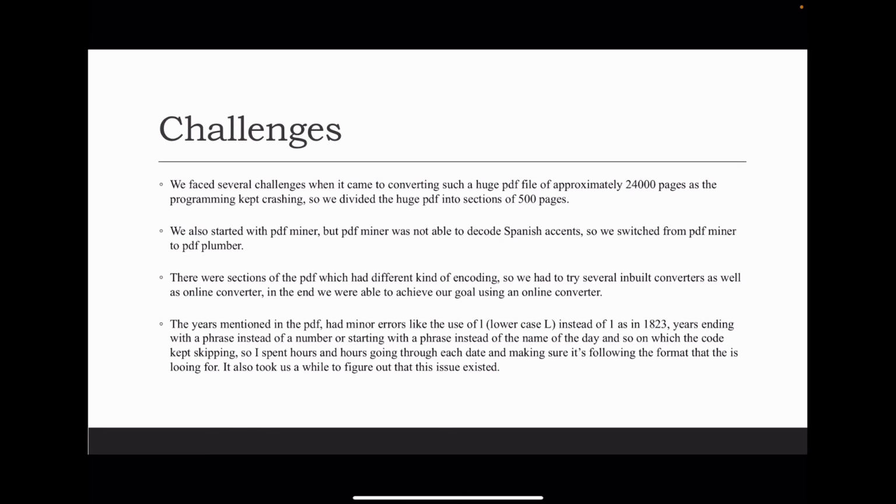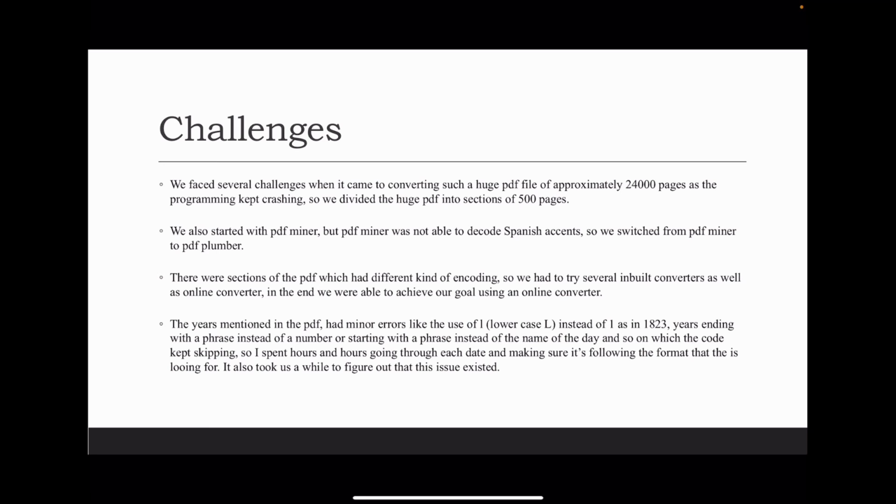The program kept skipping these years because instead of, for example, 1823, the text file had a lowercase l, 823. So we had to go in there and fix those minor issues ourselves.